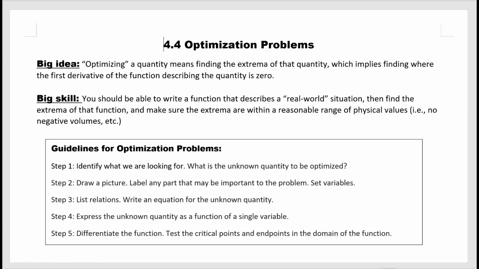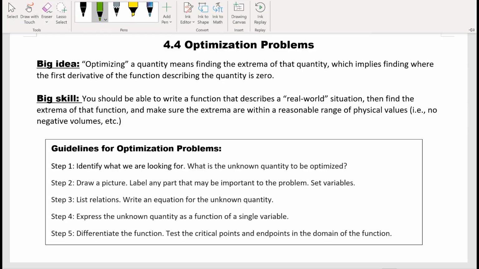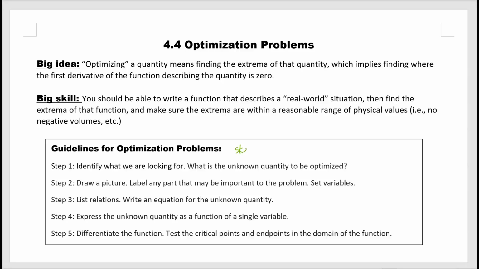Okay, so here are the steps for optimization problems. Step 1, identify what we are looking for. What is the unknown quantity to be optimized? So remember, we want to sketch the picture, and we want to name the variables.